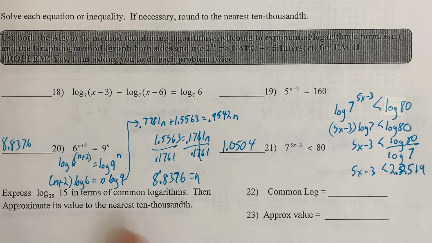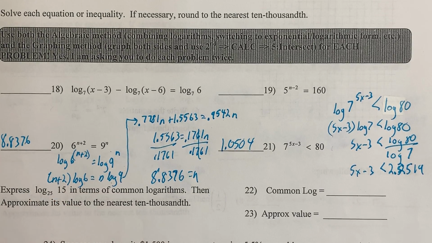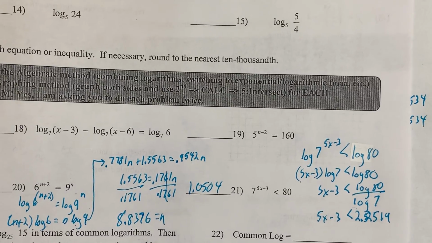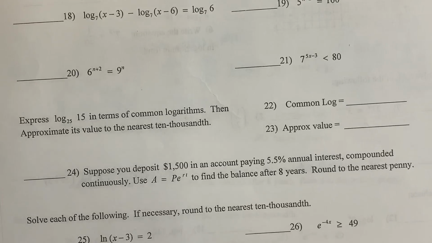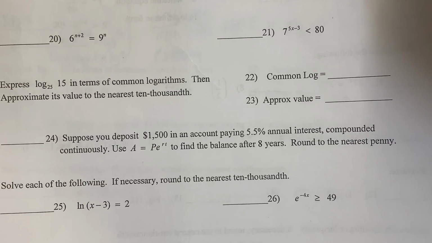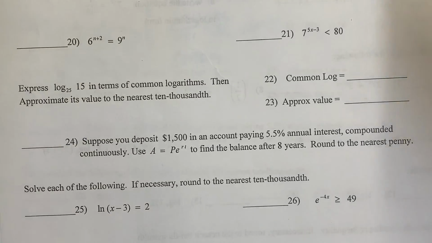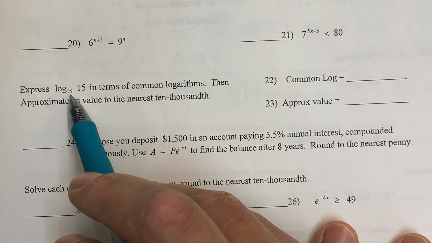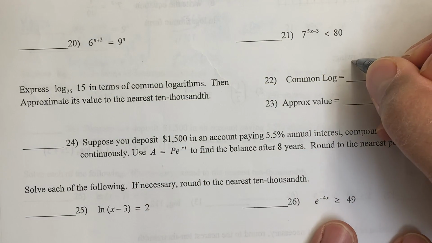On the next one, it's just change of base, okay? I'll just get a clean one. Much prettier. Log of 15 divided by log of 25. That's what they're looking for here.